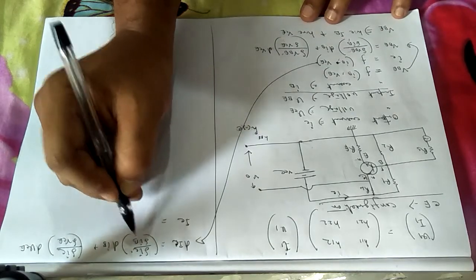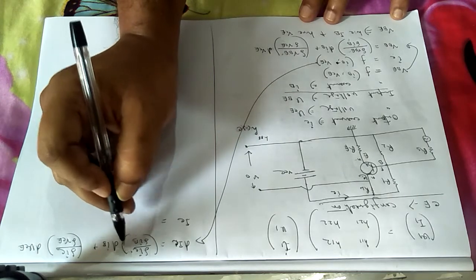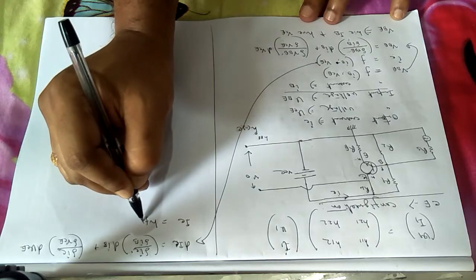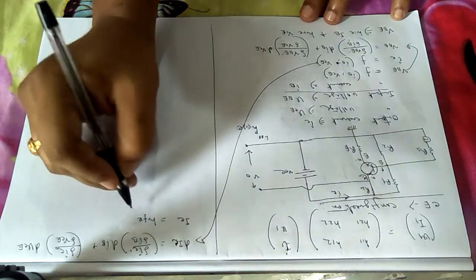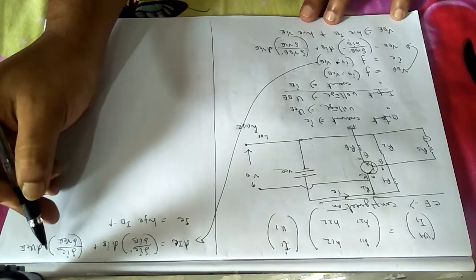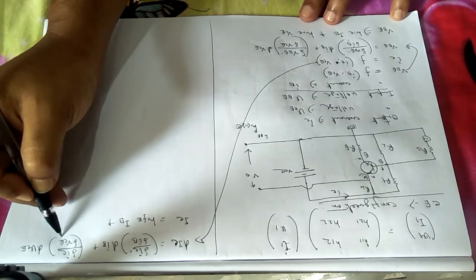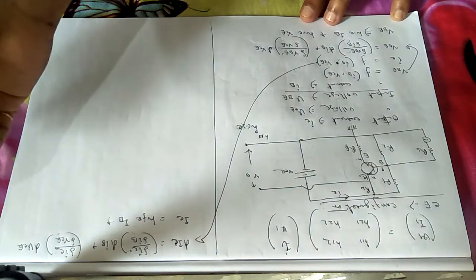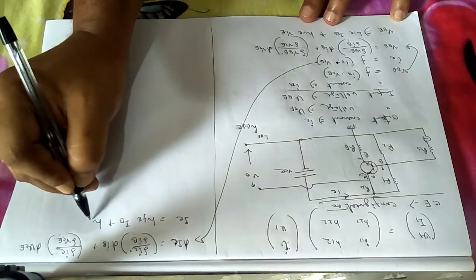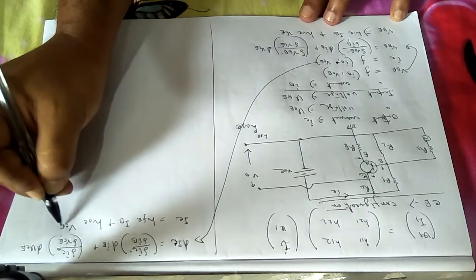IC by IB, output current by input current, is the forward current gain, F for forward, HFE, E for common emitter configuration, into IB plus IC by VCE, output current by output voltage. Voltage by current gives you impedance. Now this is the reverse of impedance, that means admittance. For output admittance, H, output admittance O, HOE into VCE.